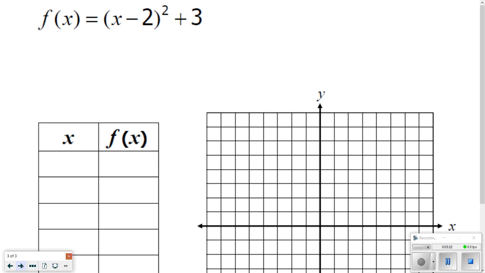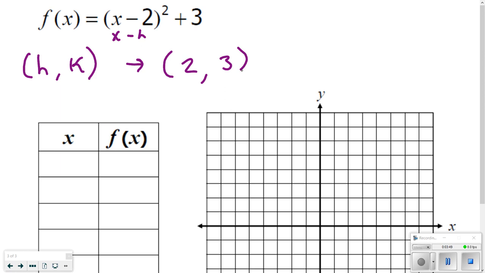So looking at the vertex form, if I want to find the vertex, remember we're looking at (h, k). Remember that the vertex form is x minus h, so the h value in this example is actually a positive 2. So we have a positive h value of 2 and a k value of 3, so our vertex is at the point (2, 3).